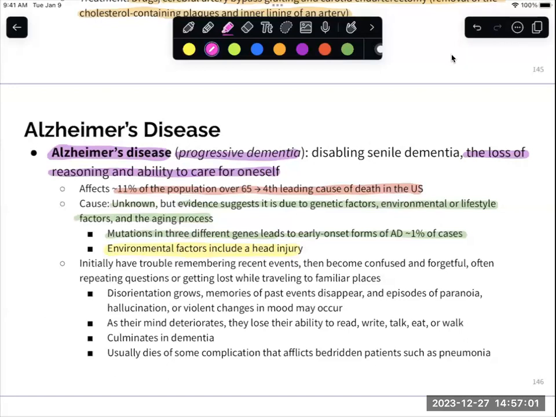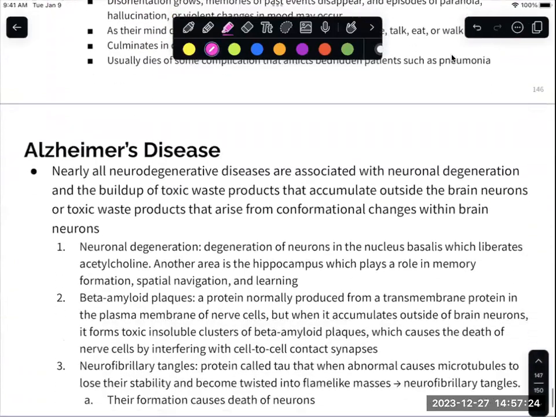As their memory continues to go, they're going to lose their ability to read, write, talk, eat, and walk. They usually die of some sort of complication. These people usually end up bedridden, a lot of times with pneumonia, just because they're losing that ability to walk, talk, and communicate with anybody.